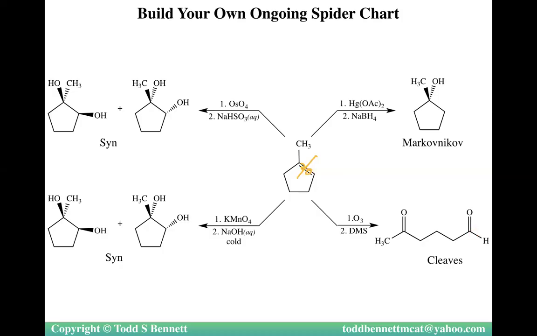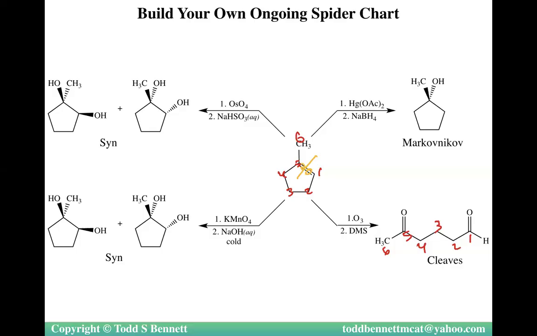So let me number it. 1, 2, 3, 4, 5, 6. So I have to have a carbonyl on 1 and 5. I have number 6, CH3 dangling off of 5. 1 connected 2 to 3 to 4. So numbering helps a bunch.